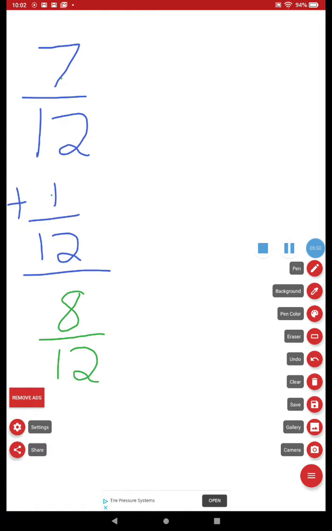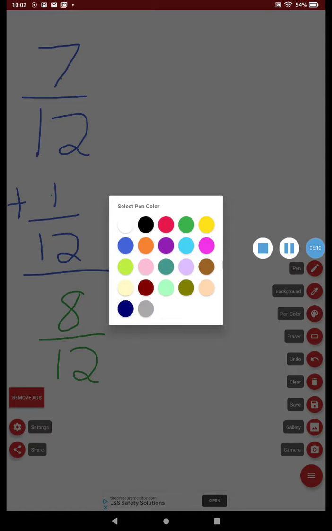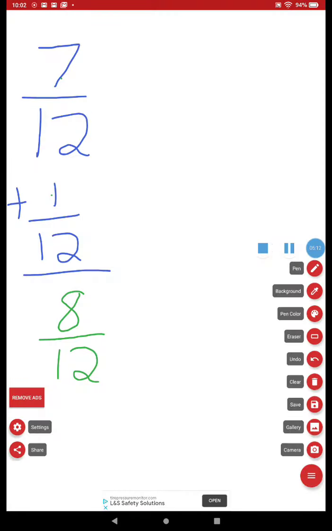Good. 8/12. But that can be written in lowest terms. Another way to say that is simplified. So let me change my color again, and we'll simplify it together. What number, I'm going to write my fraction bar, can fit inside of 8 and 12? I think 4 can fit inside of 8.